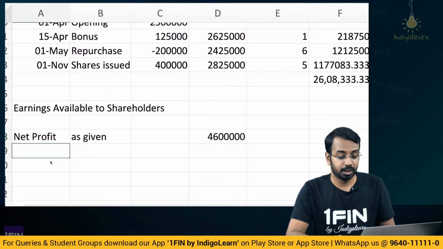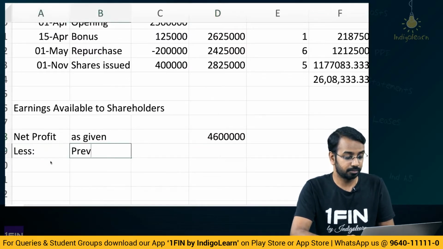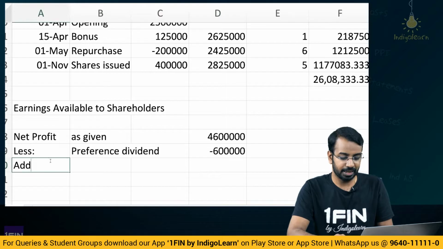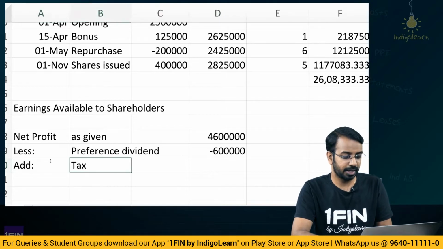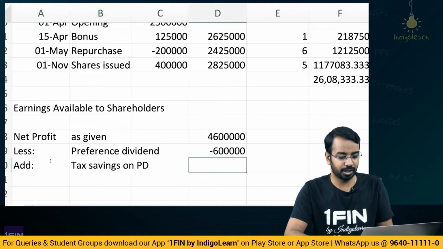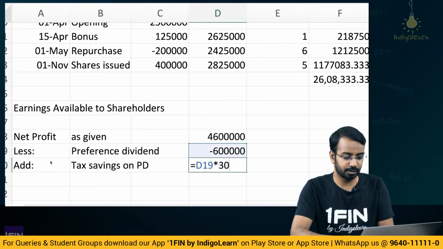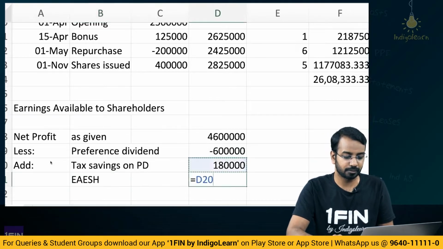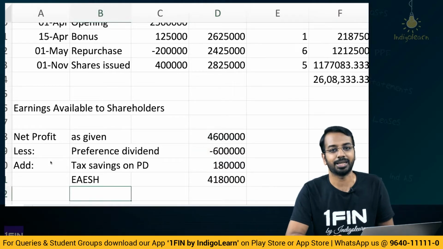Then, less preference dividend 6 lakhs, add tax savings on preference dividend at 30%. So, this multiplied by 30%, which is 1,80,000. So, earnings available to equity shareholders is 46 minus 6 plus 1.8, you get 41,80,000.